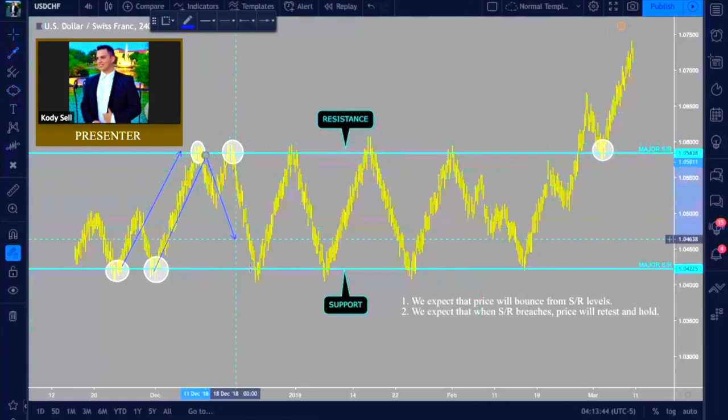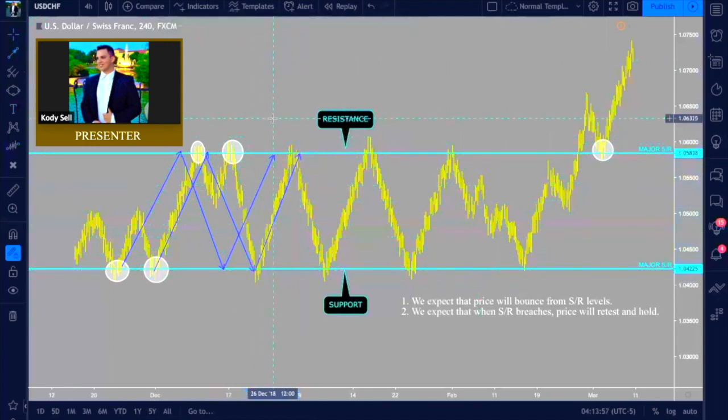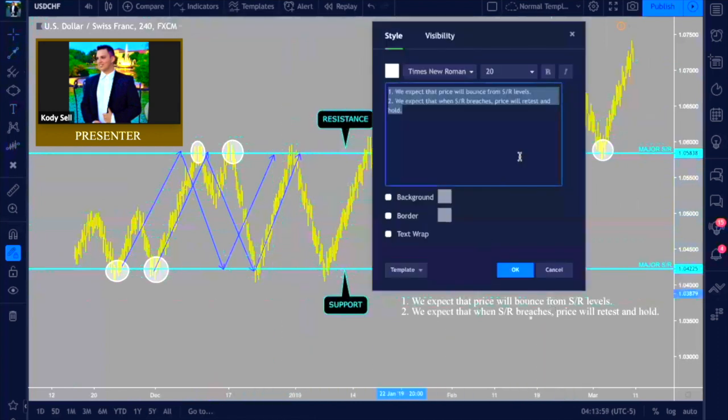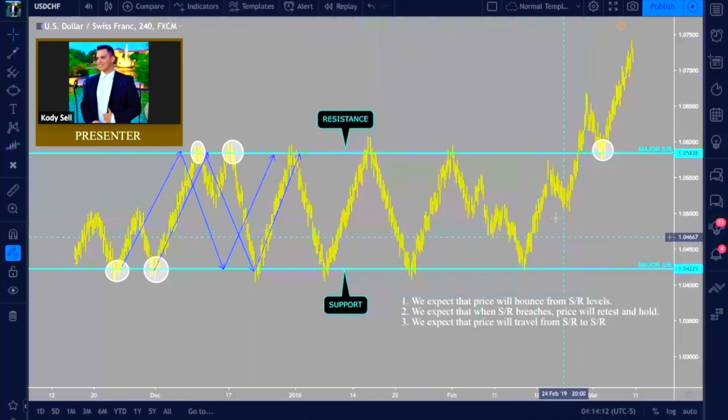You expect, ideally, it'd be coming back down here to support. And then when we get back down to support, where do you expect price will go? Ideally, right back up here to resistance. So we're going to take note of this. We expect that price will travel from S&R to S&R, so from one level to another. That's how price moves. That's how price travels.